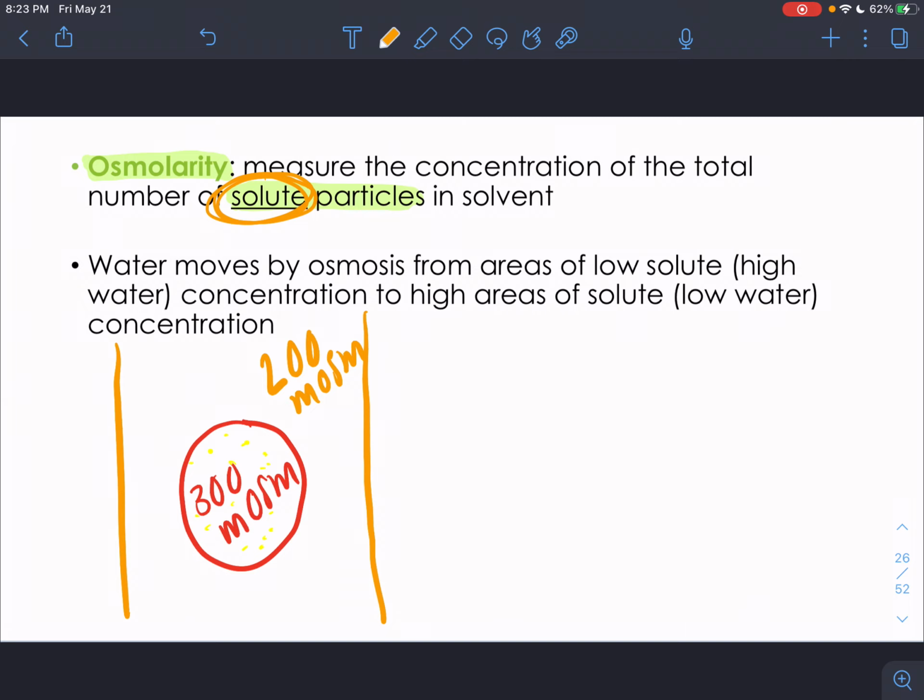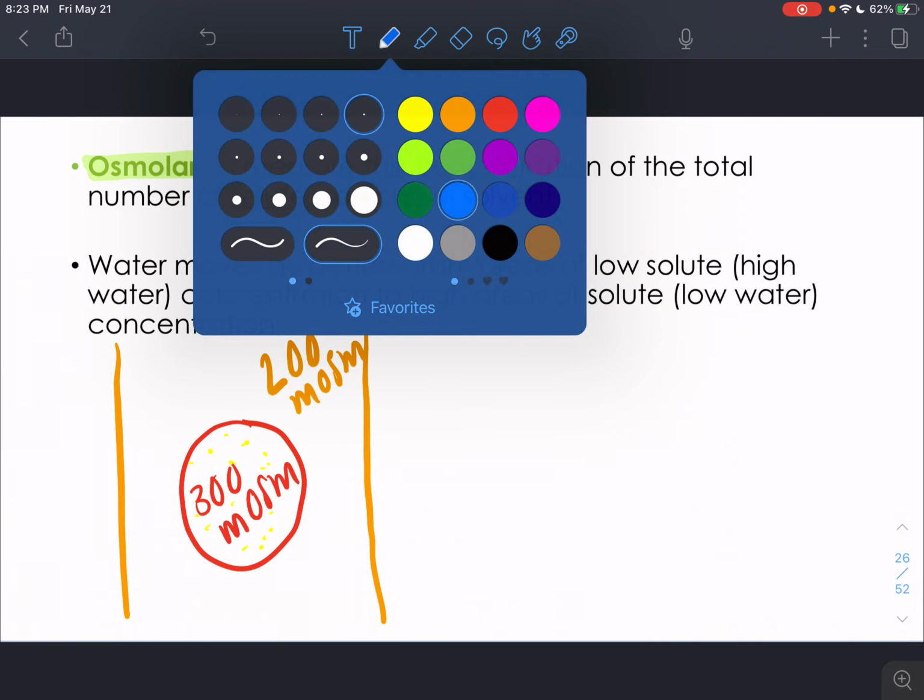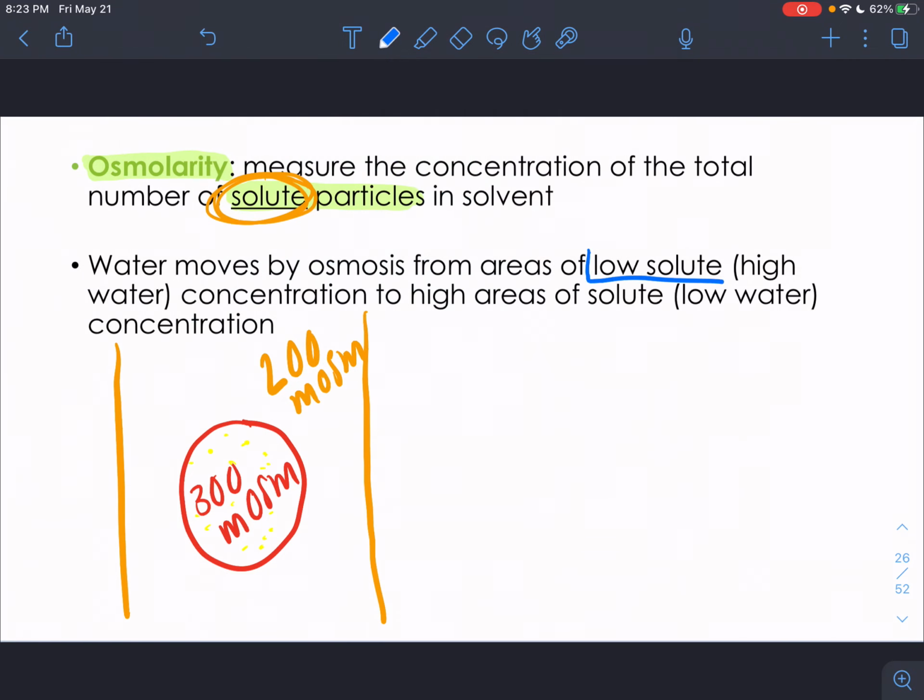Water is going to want to move from an area of low solute concentration to high solute concentration. For this example I just drew, the plasma has a low solute concentration. The blood has a high solute concentration. So water in this case is going to want to move into the cell.